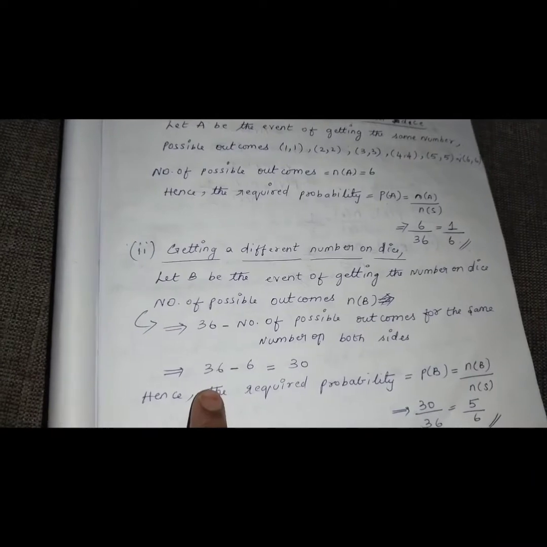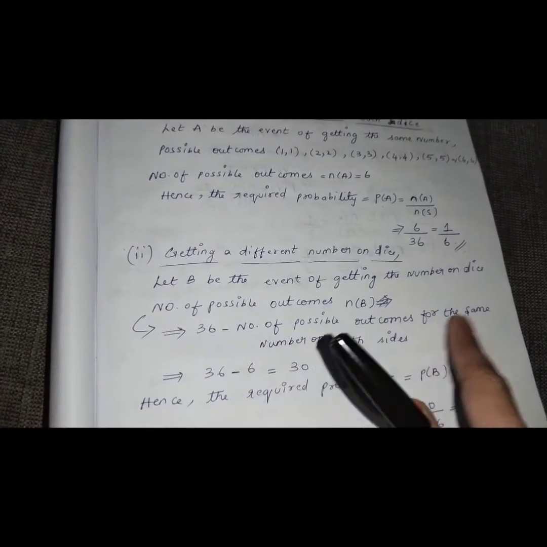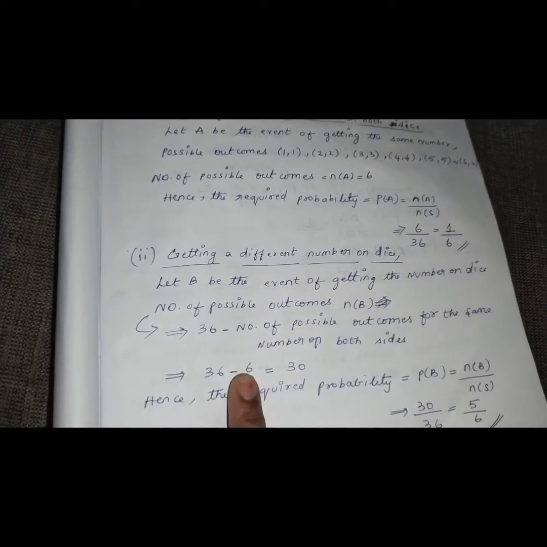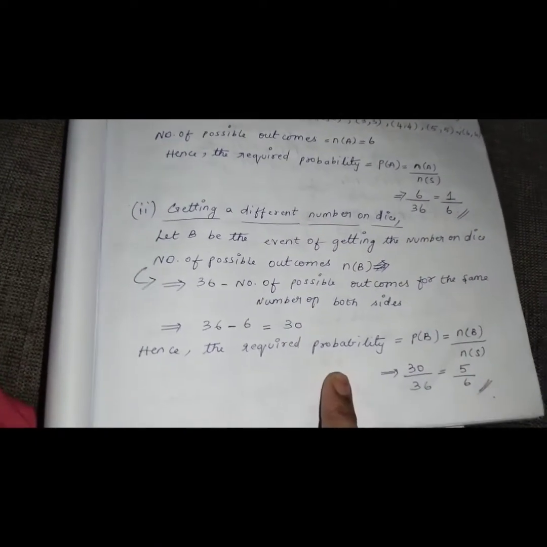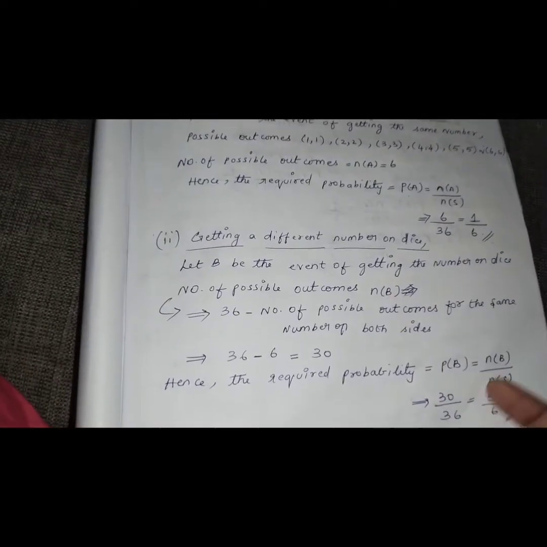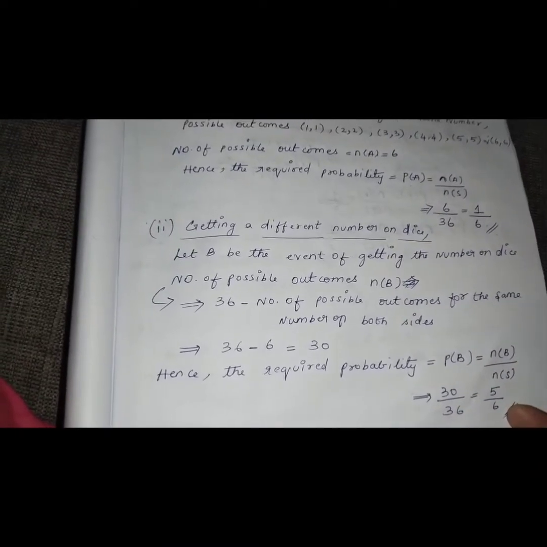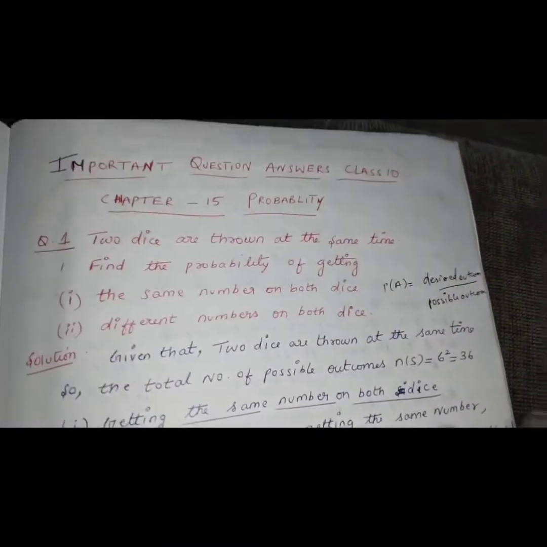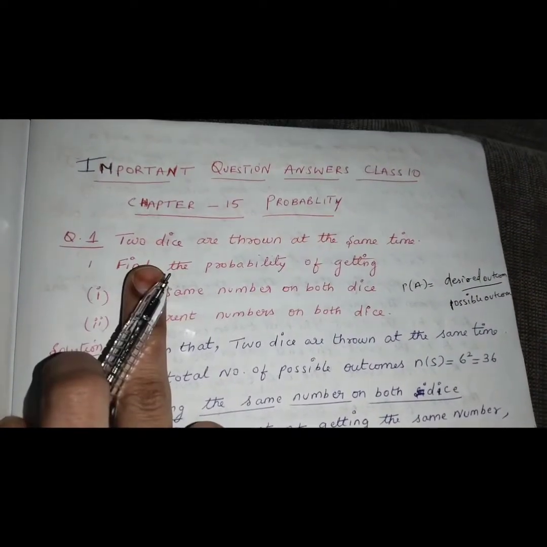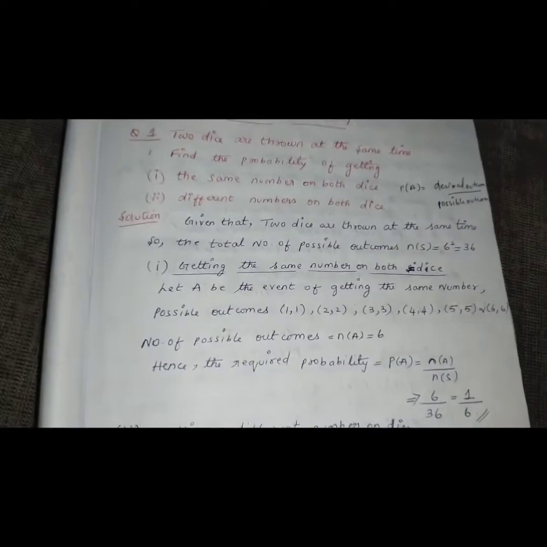So 36 minus 6 is 30. Hence the required probability P of B equals n of B by n of S, 30 divided by 36, equal to 5 by 6. So this is the first question, an important question of probability chapter 15.